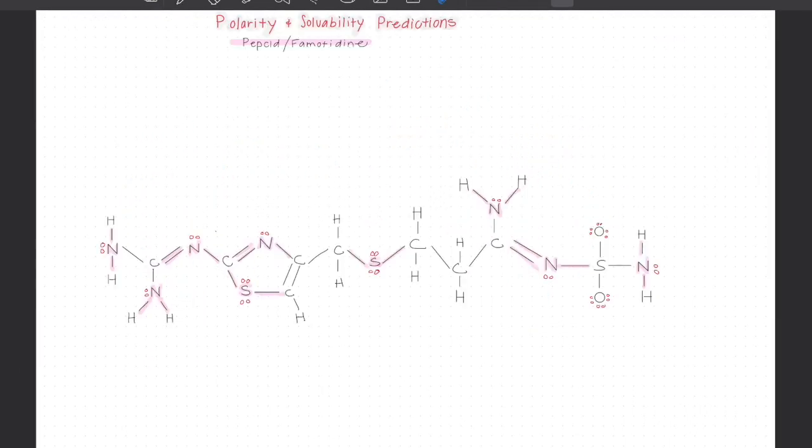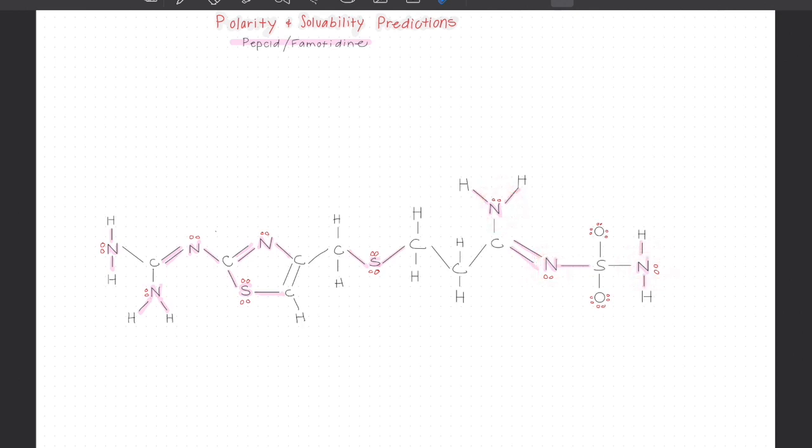So here I have my drug Pepsid and famotidine, and I've already highlighted these sections where their polar portions are. So it is all in pink, and these are polar due to the lone pairs around the central atoms.